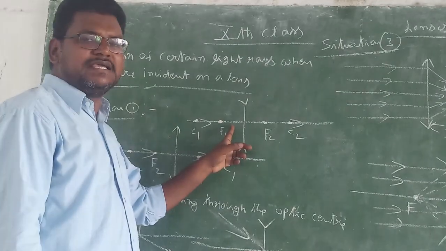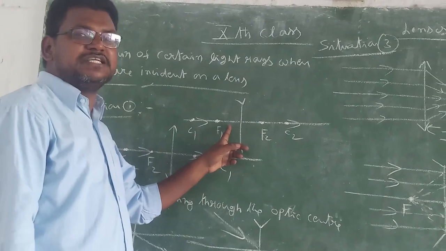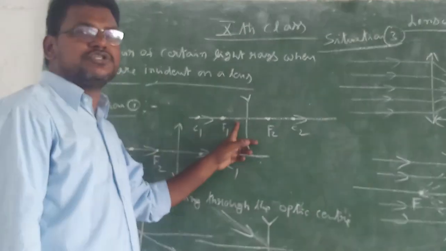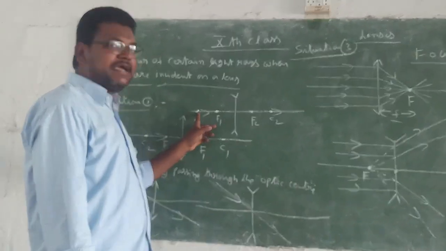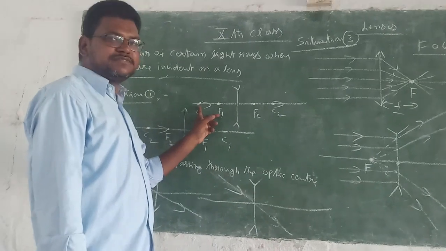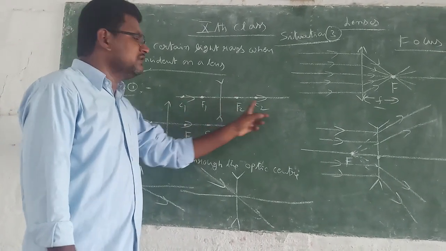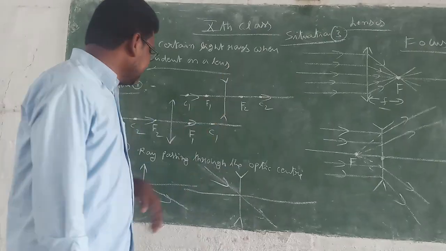According to Snell's law, n1 sin i equals n2 sin r. If the angle of incidence is 0, the angle of refraction should also be 0. That's why a light ray incident along the principal axis travels in the same direction, without any deviation.